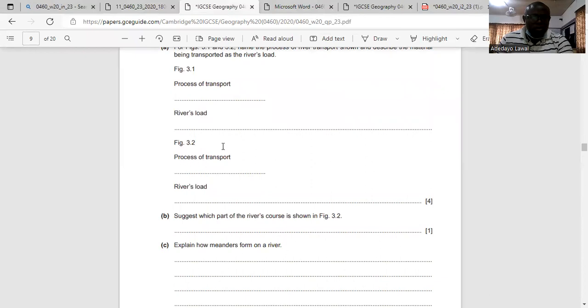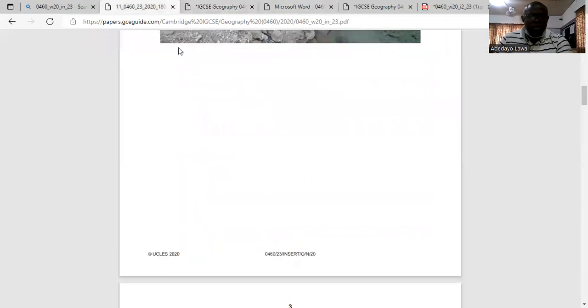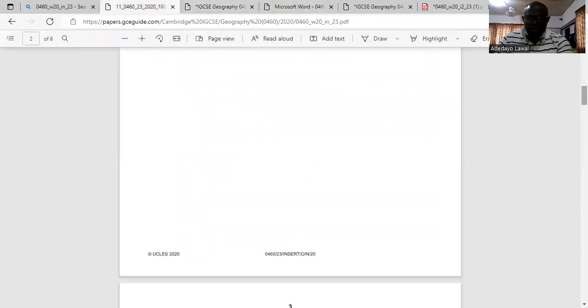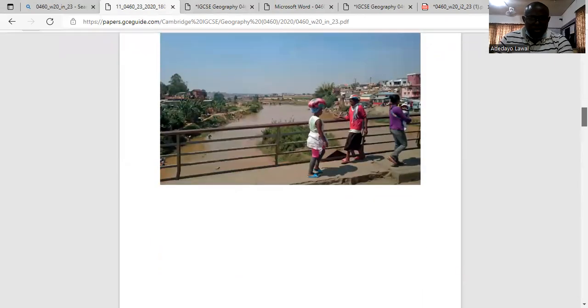So this one was showing a bridge. This is the river. For this river now, you can see that the color is brown. So this is suspension. Fine particles like sand and silt are suspended in the river. That's why it's colored brown. So the answer to that is suspension.